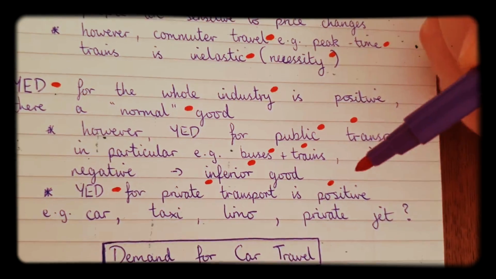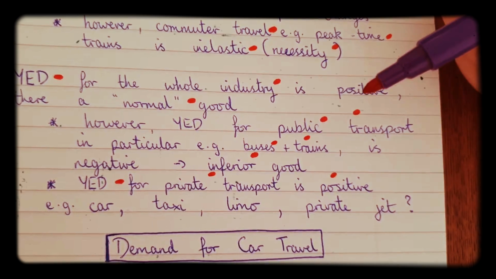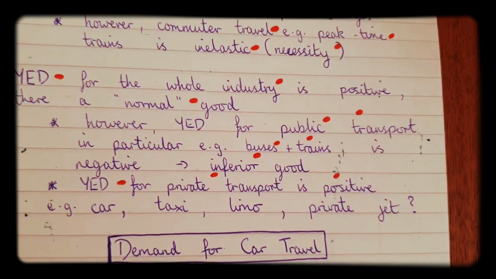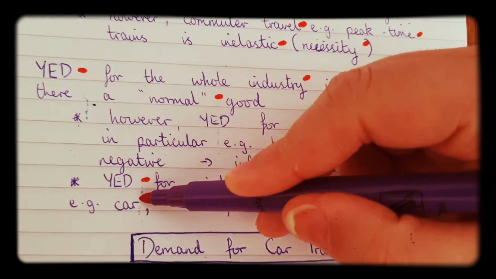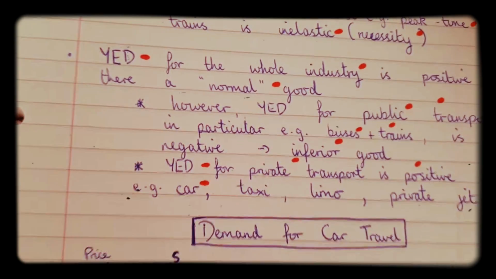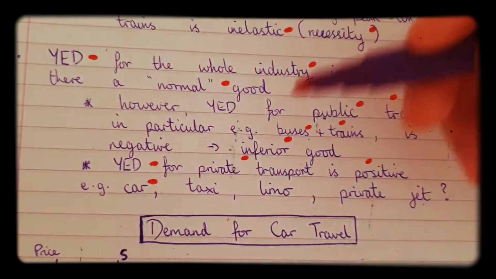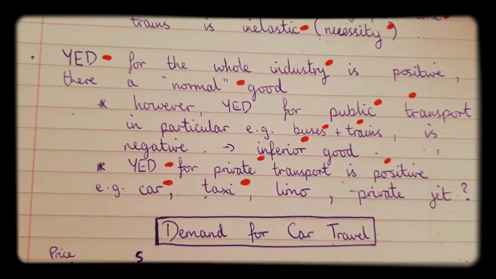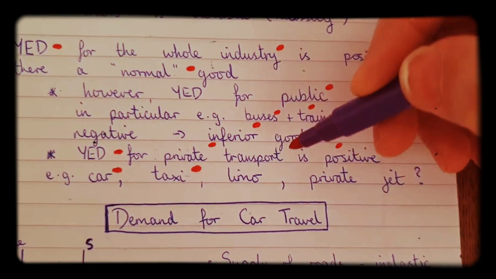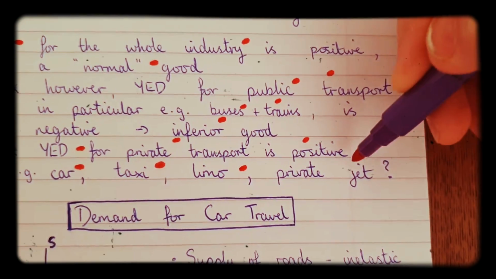The more money you earn, the more you're likely going to go to work or where you need to go by private means. That could be by car, because of the increased comfort of the car. That could be by taxi, so someone to come pick you up. A limousine if you get very rich, or a private jet.